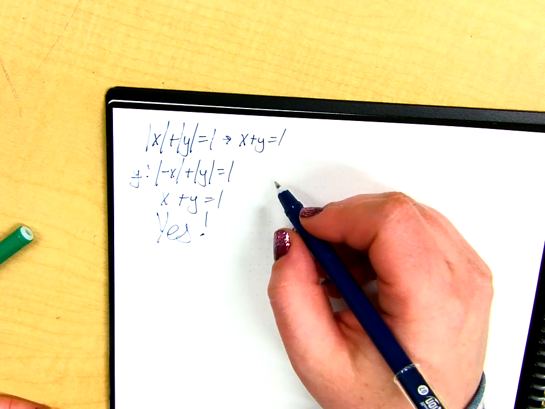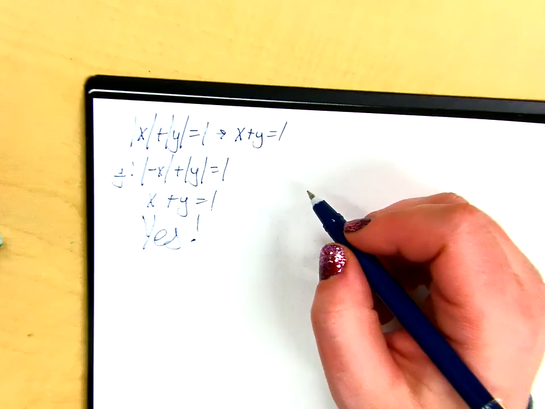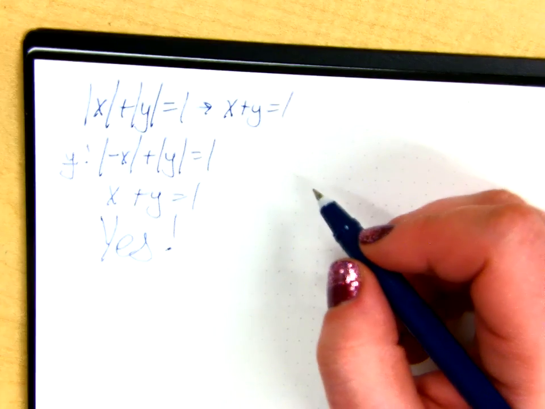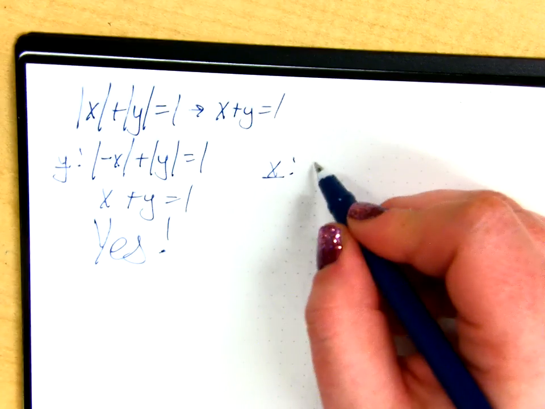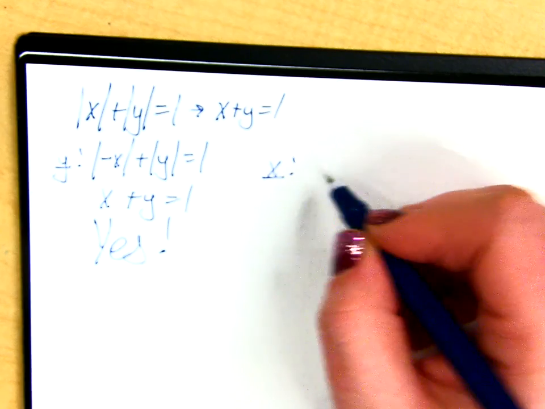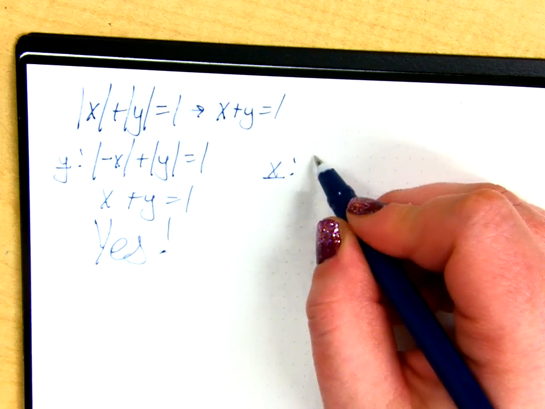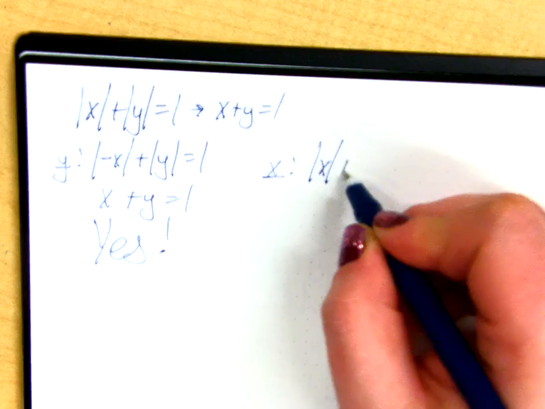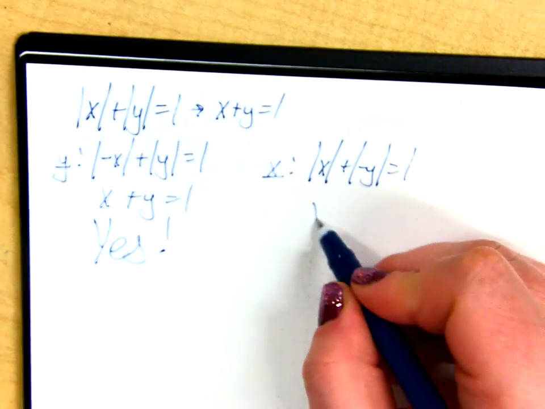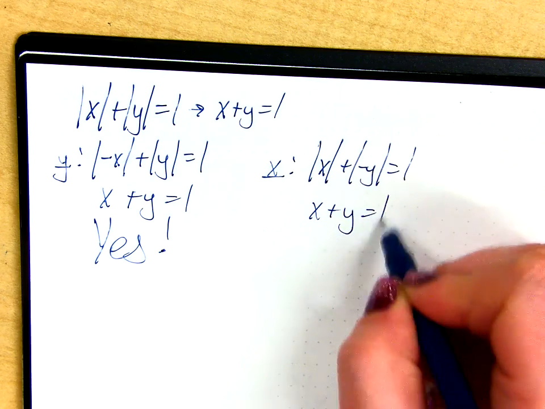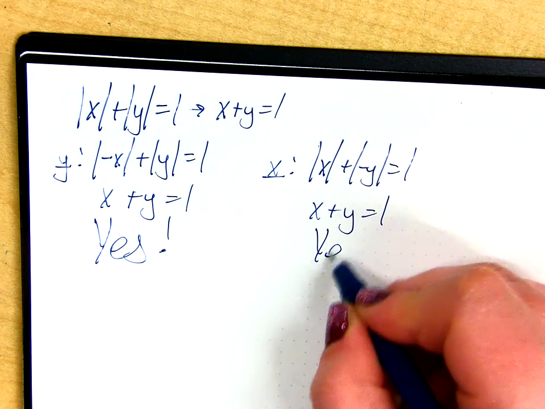All right, let's try x. Oh, sorry. I should zoom in a little bit. Okay, well this is just going to come out to be the same thing, right? So I'd have absolute value of x plus negative y equals 1. So again, I just get that x plus y equals 1. So, a yes.